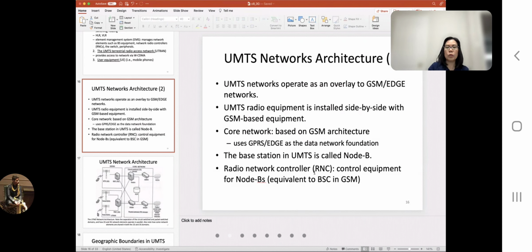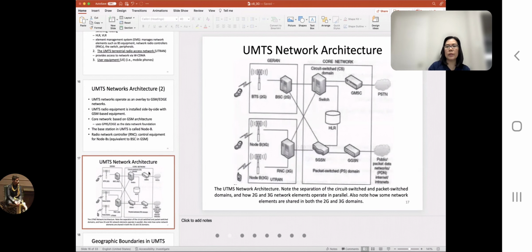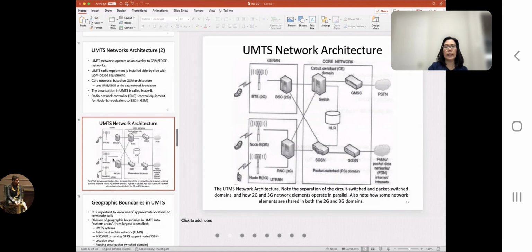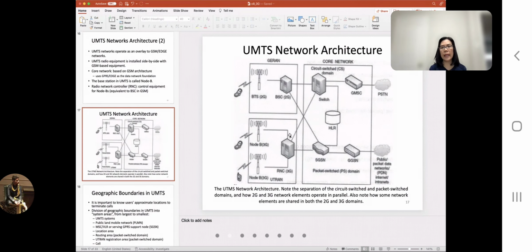The radio network controller controls the equipment for the base station, the Node B, so it's equivalent to a base station controller in GSM networks. So this is the high level architecture of UMTS networks.